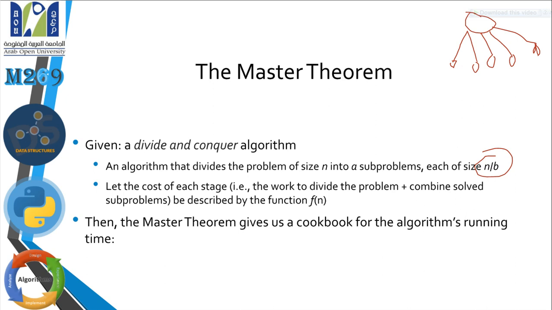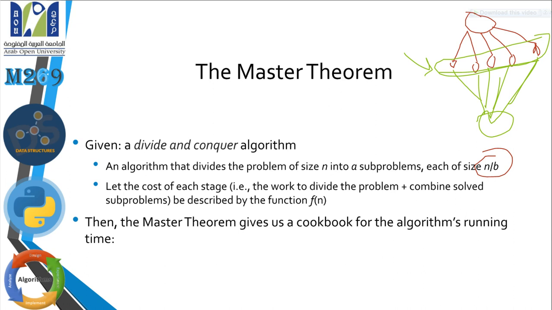In the second stage, solve these problems and then combine them back to form the big solution. So you have a problem of size n, divide it into smaller ones, solve them, then combine the solutions. You will have the big solution.